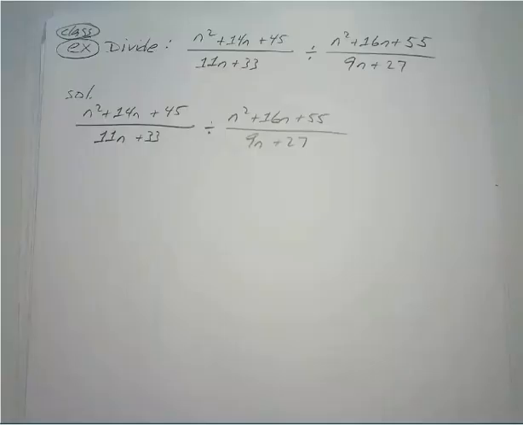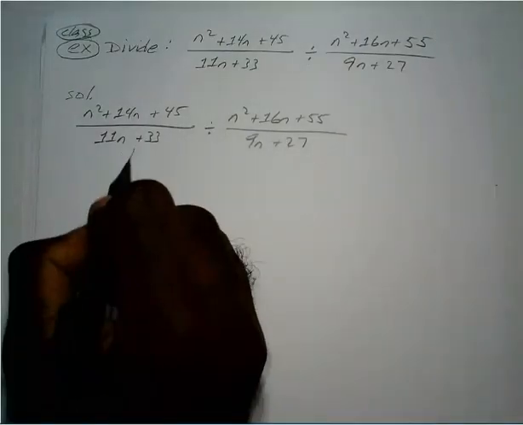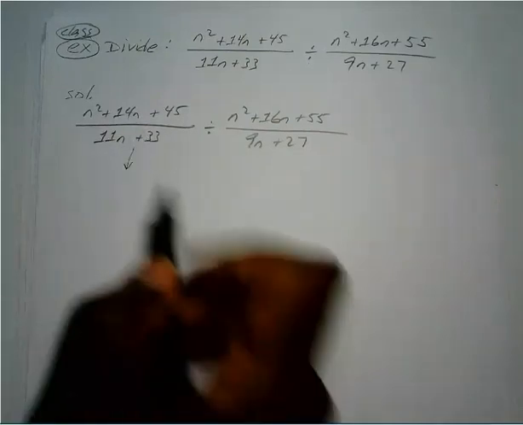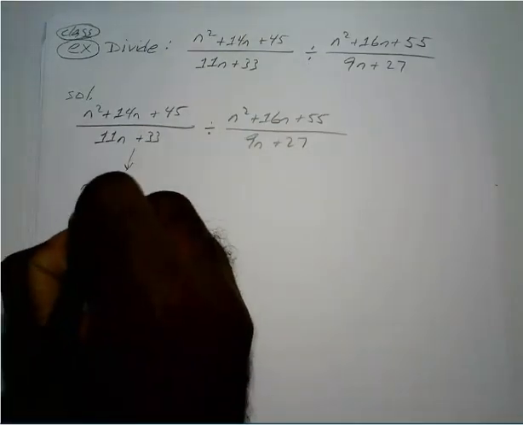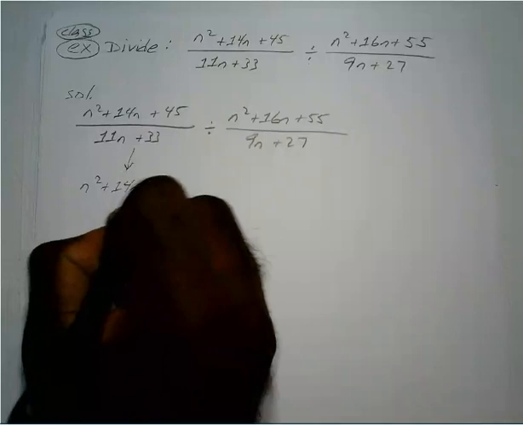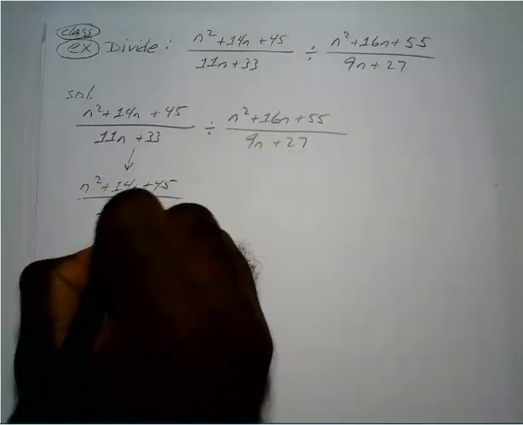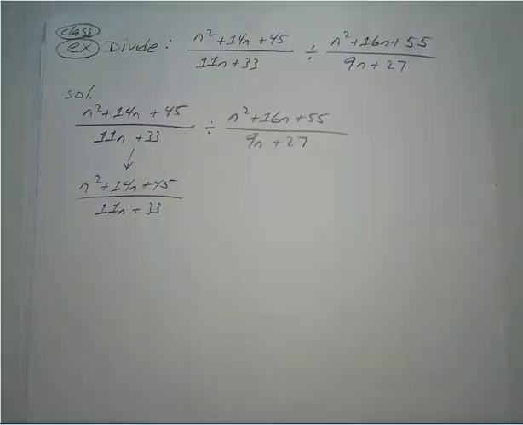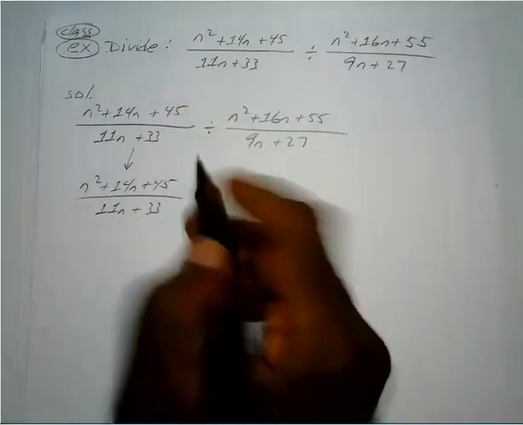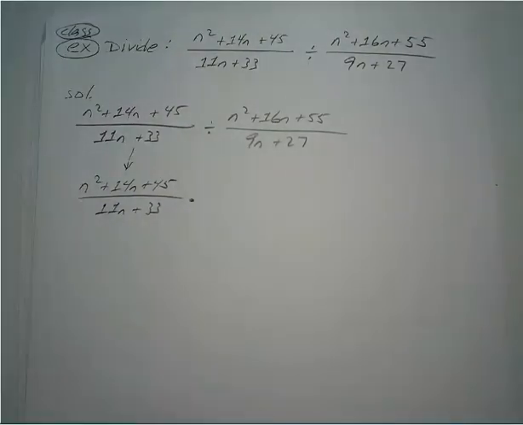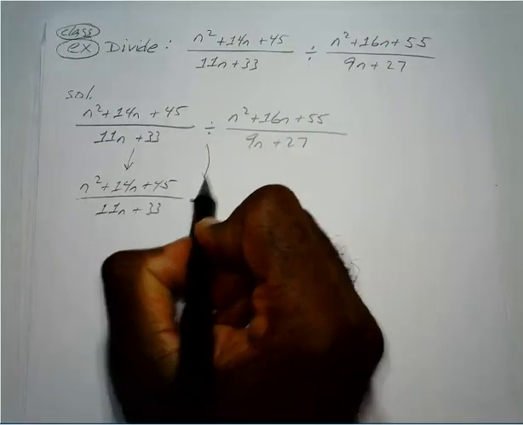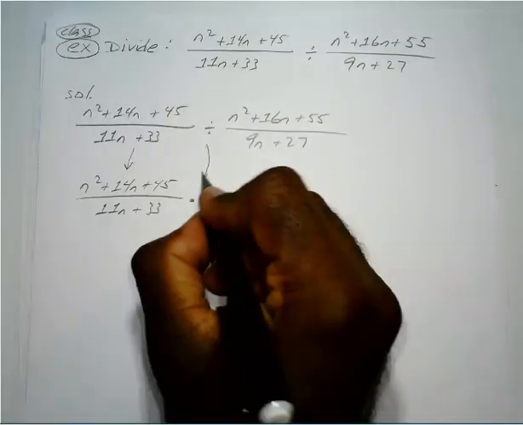Remember the first step, you write your first fraction. So you have n squared plus 14n plus 45 over 11n plus 33. Your division changes to multiplication. That's your second step. Then your third step is you flip your second fraction.